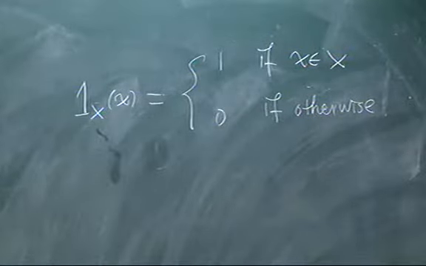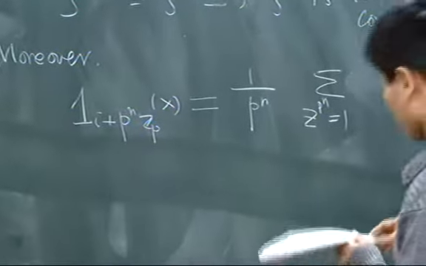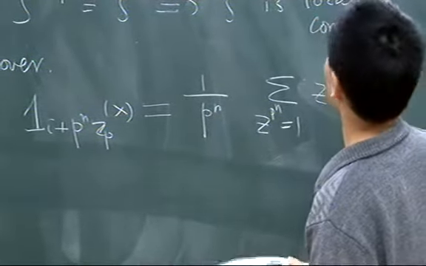You can check that this is nothing but 1 over p to the n times the summation over all these roots of unity zeta, of zeta to the minus i times zeta to the x.